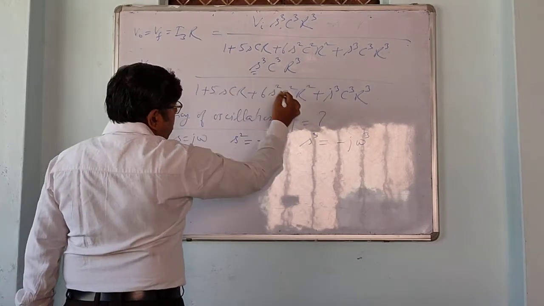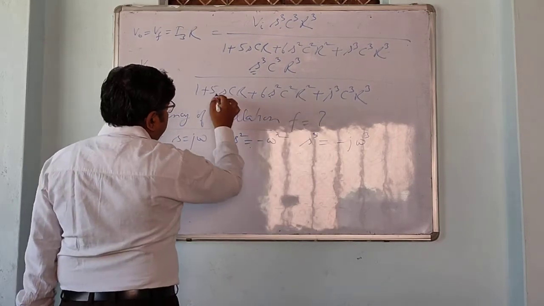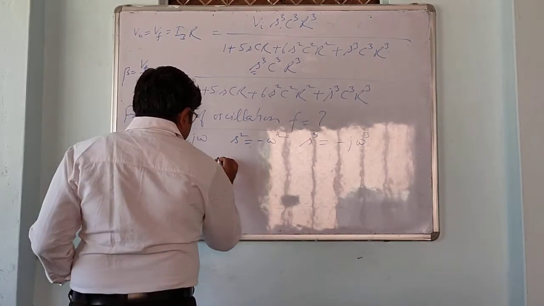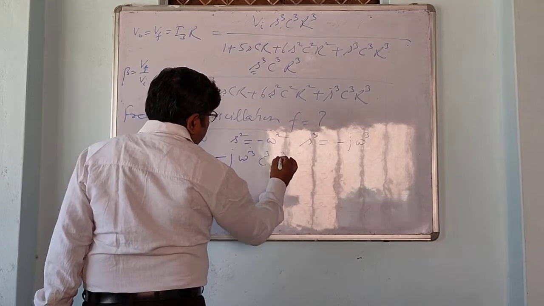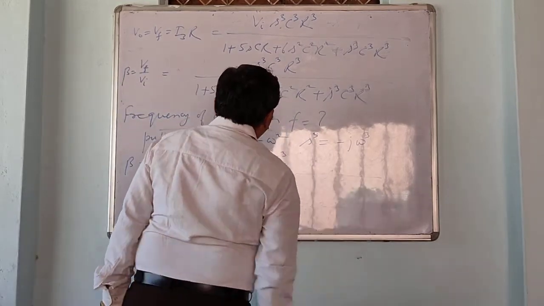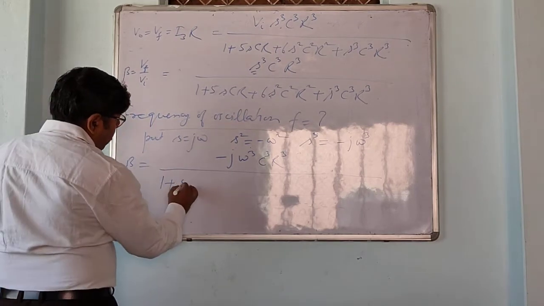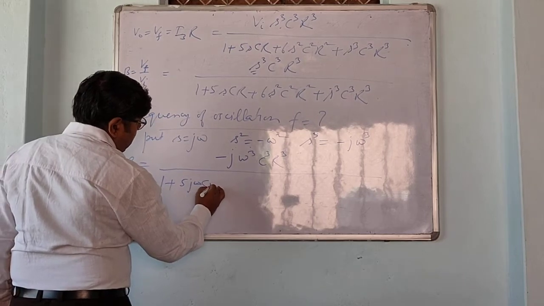At the place of S cube, this. At the place of S square, put this. At the place of S, put this. So you will get minus j omega cube C cube R cube in the numerator, over 1 plus 5 j omega CR.